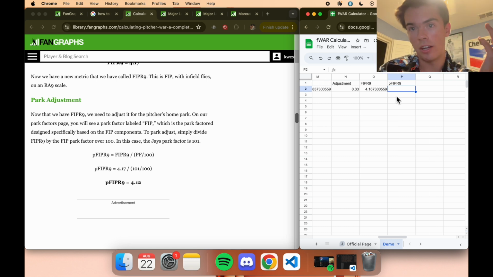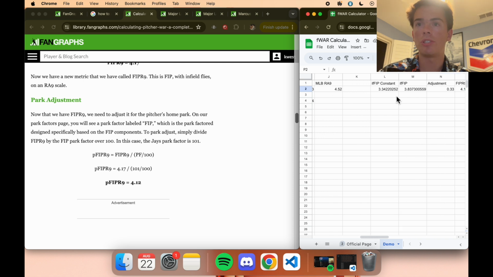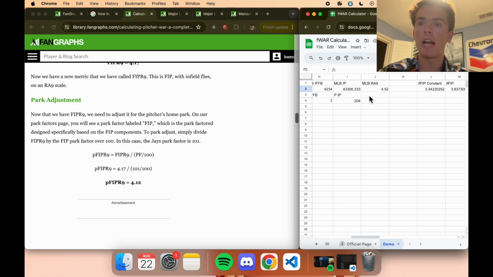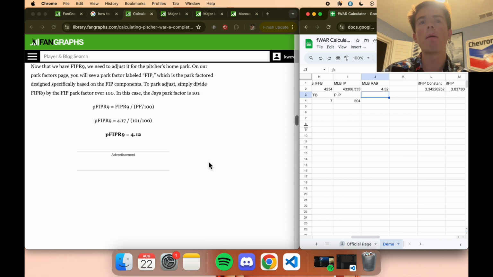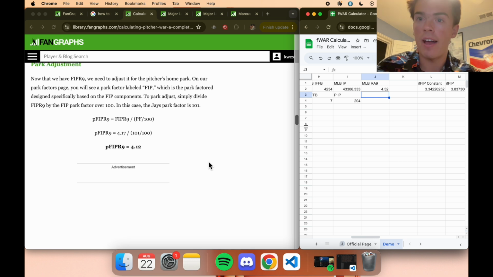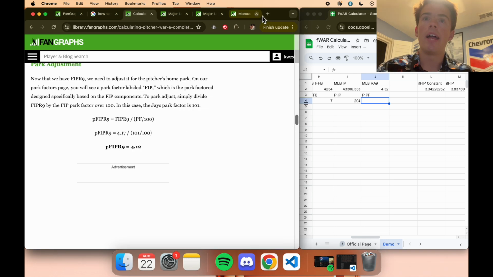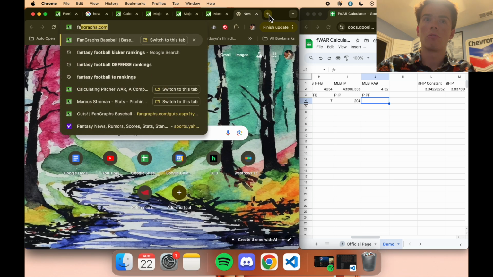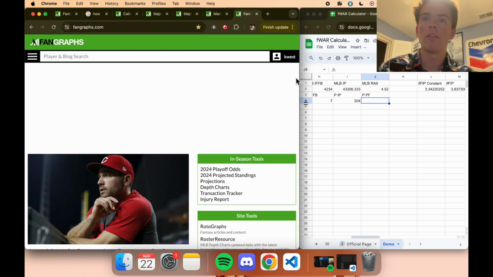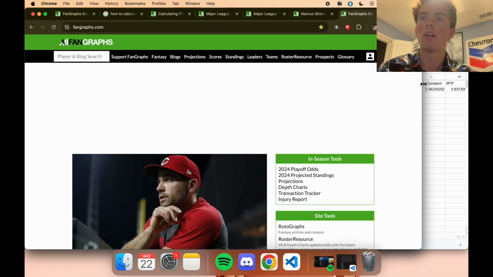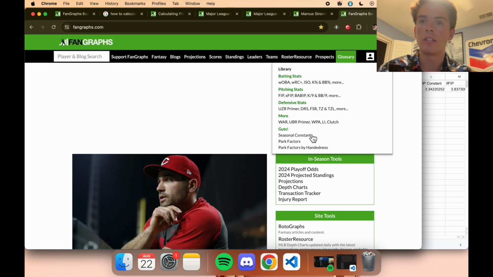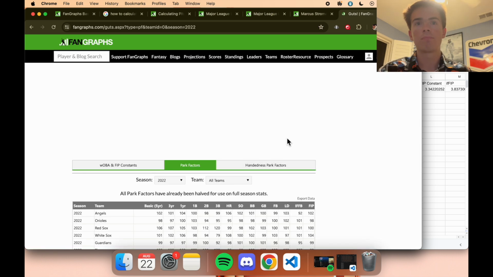And this is again where we see Fangraphs' first error. Maybe not error, just the fact that this very detailed explanation is unfortunately out of date. So we're gonna say PPF, pitcher park factor, and to find park factor, we're gonna open up another Fangraphs tab. We are gonna go to glossary here, guts, and park factors.